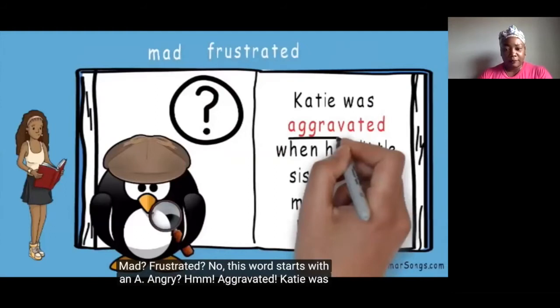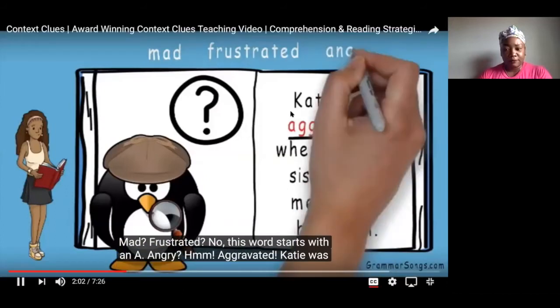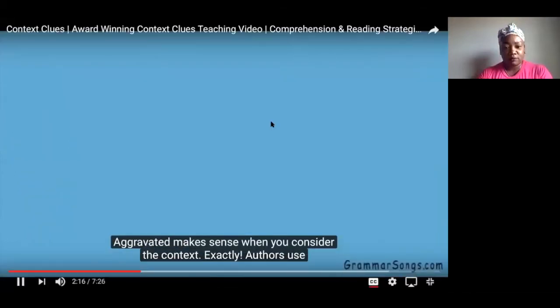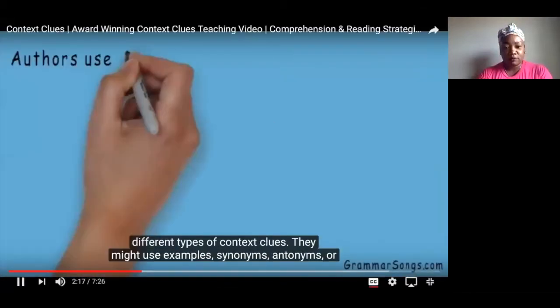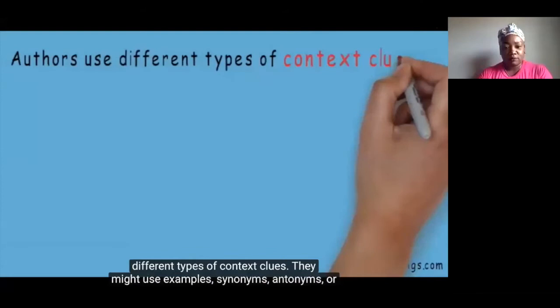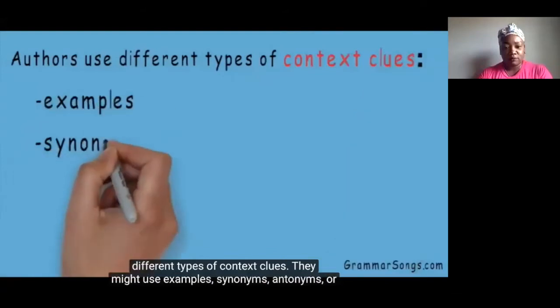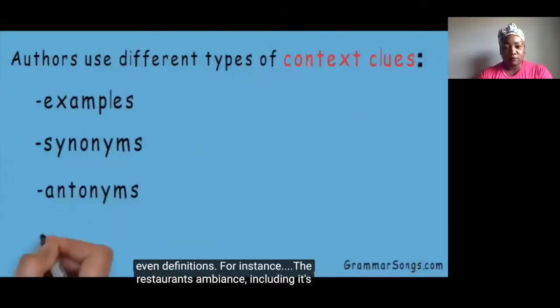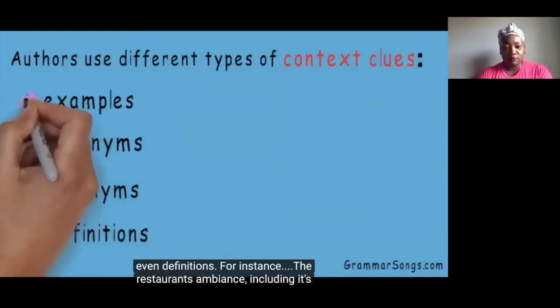Mad? Frustrated? No, this word starts with an A. Aggravated. Katie was aggravated when her little sister kept messing up her room. Aggravated makes sense when you consider the context. Exactly. Authors use different types of context clues. They might use examples, synonyms, antonyms, or even definitions.